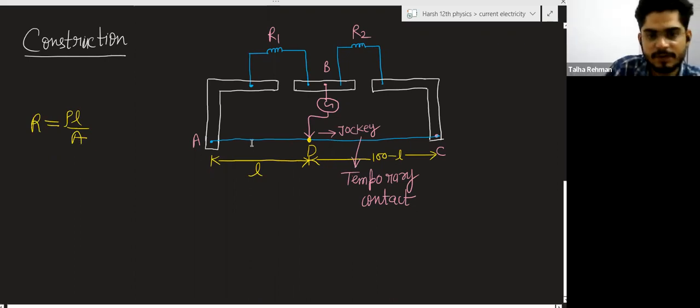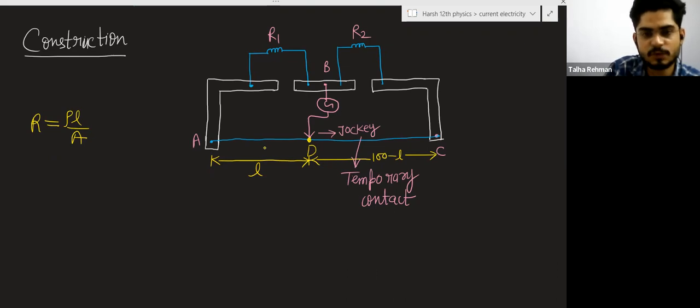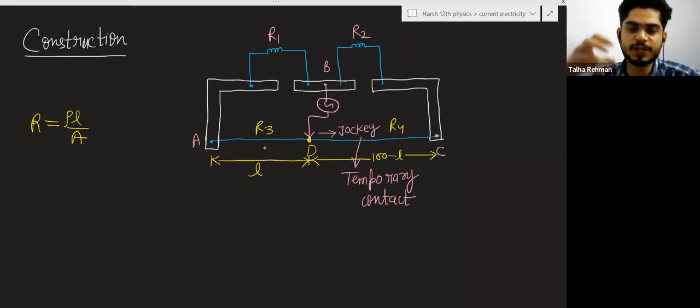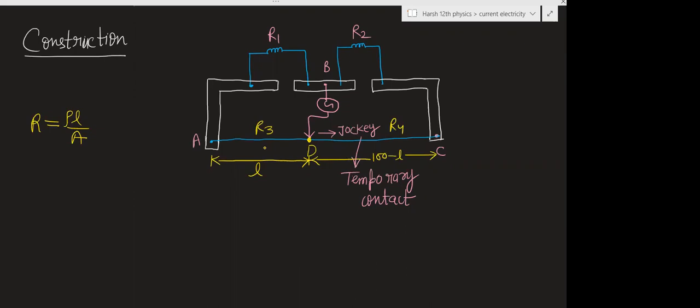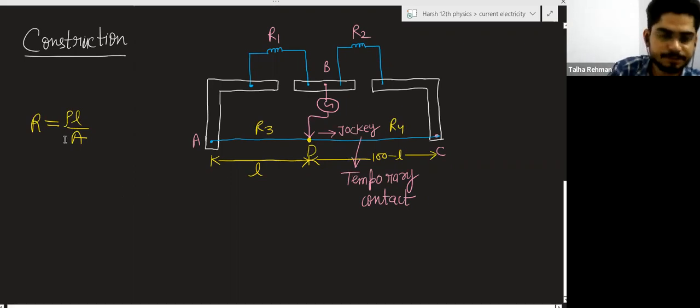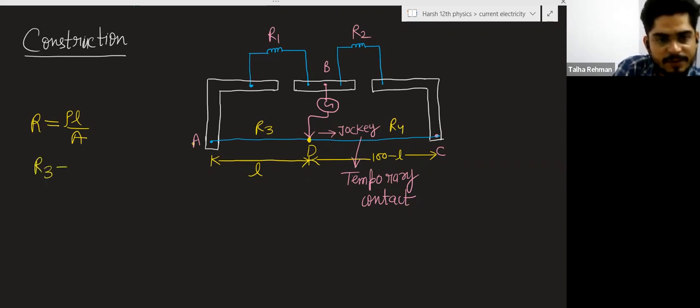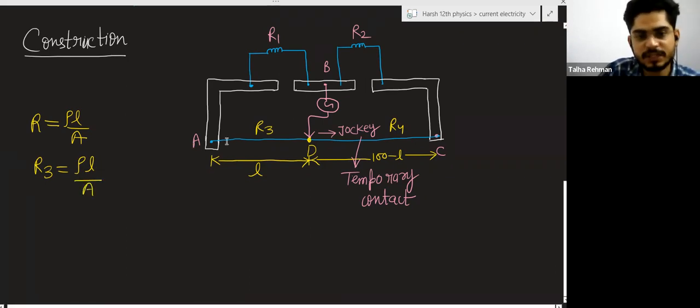As the wire is the same, suppose R3 is the resistance of length L and R4 is the resistance corresponding to the length 100 minus L. So R3 is rho L divided by A, because the area of cross section is not changing.